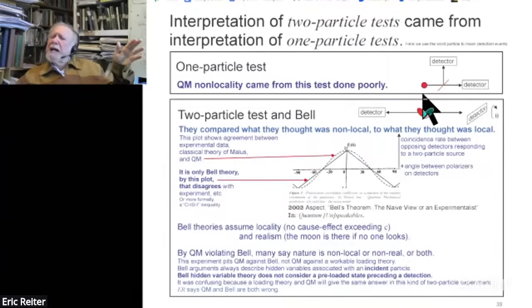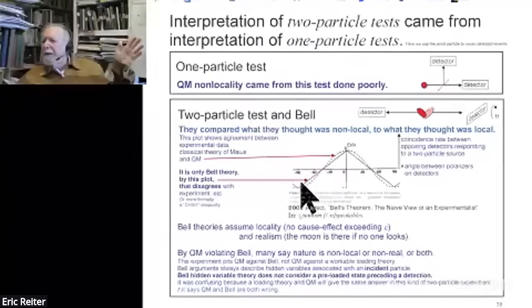So the understanding of quantum mechanics came from the one particle experiment, which is what I do. And I show that quantum mechanics is just wrong, but they think it's right. And what quantum mechanics will imply is non-locality. And they see that the experiment conforms to quantum mechanics, and they think Bell is local.